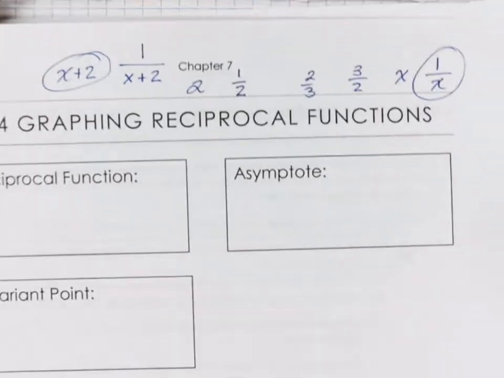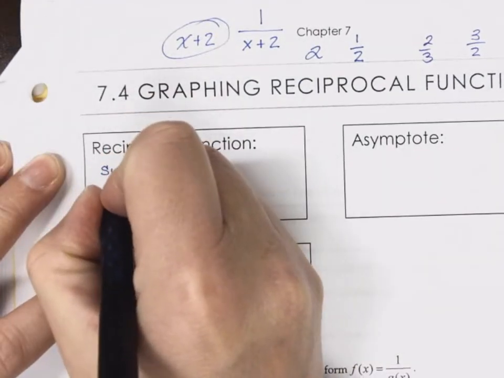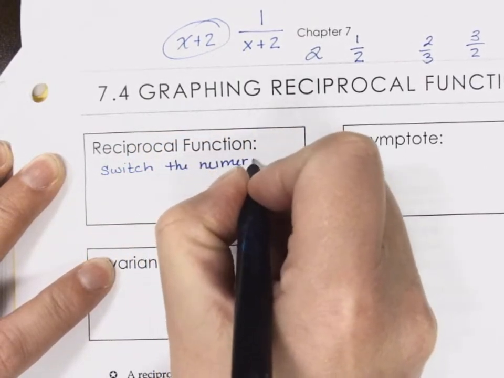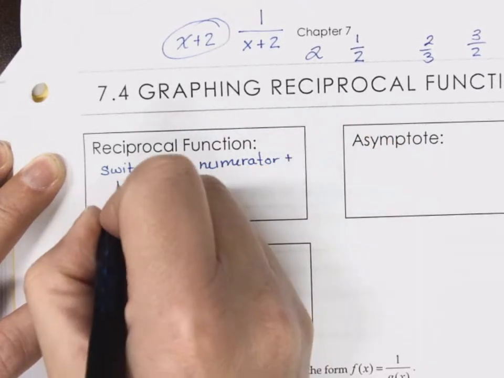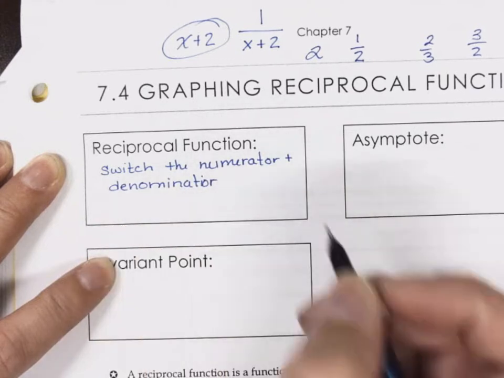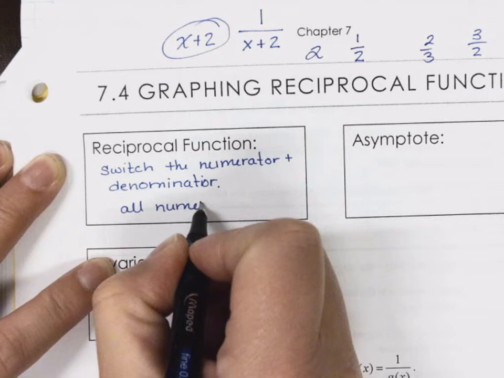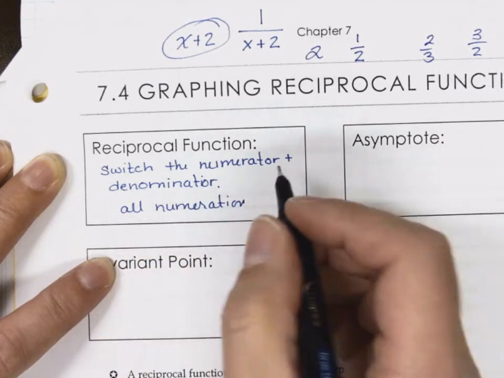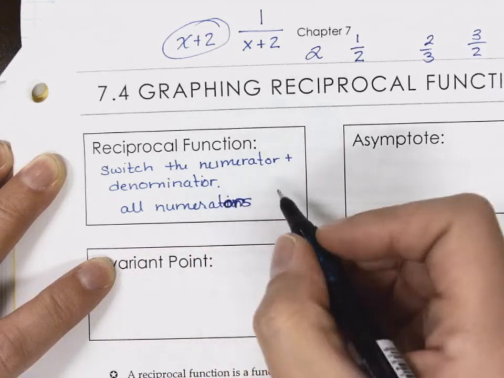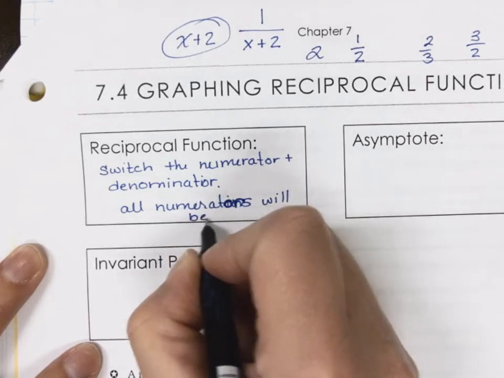All right, a reciprocal function. We are going to switch the numerator and denominator. Now, in reciprocal functions, all numerators, I'm supposed to say numerators, in reciprocal functions will be 1.